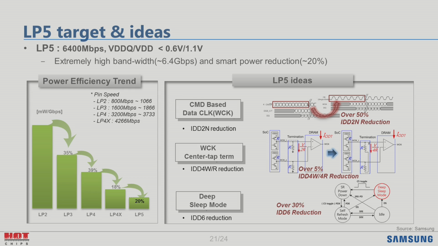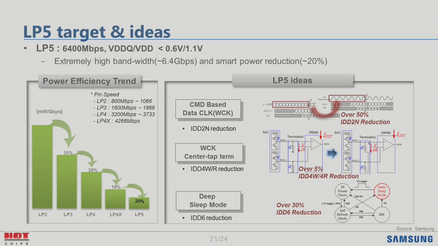So we have proposed several ideas for low power. The first is the command-based data clock and frequency scaling for the standby power. With this technology, we expect to be able to reduce the power by over 50%.